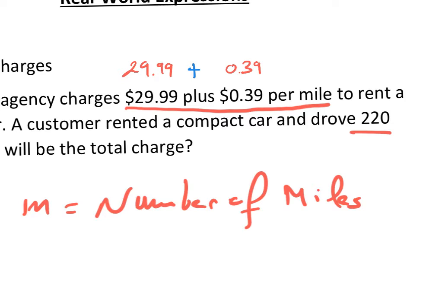Per means multiplication, mile, and we have M as representing the miles here, right? So as we can see here, we get 29.99 plus, that's addition, 0.39, and per, that's multiplication, and mile represents M. So we just change it to an algebraic expression here, right?